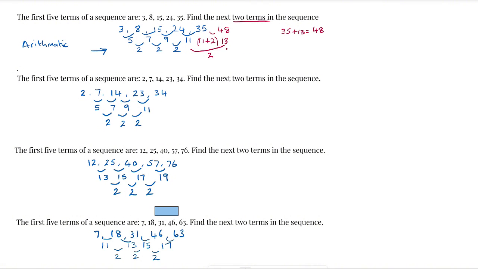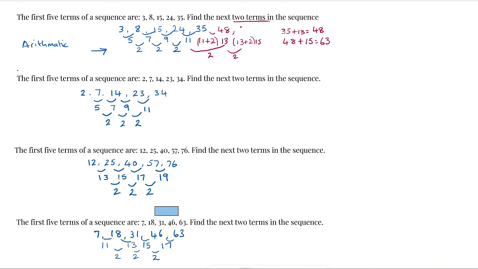We'll do it again. So we've got 2 plus 13, which equals 15. And we'll find the next one along by doing 48 plus 15 equals 63.